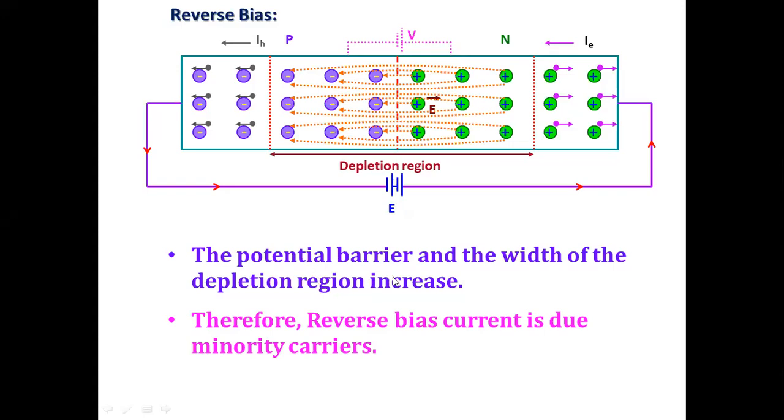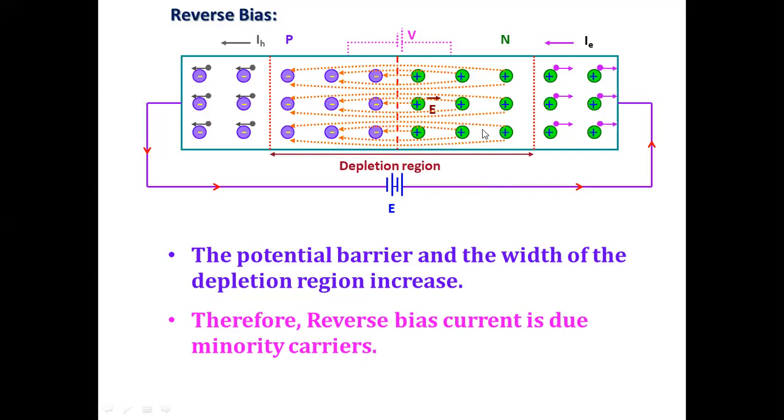The potential barrier and the width of the depletion layer increase because of this reverse supply. For that reason, we call this a reverse bias PN junction diode. If the reverse supply is increased, then the potential barrier will also expand. It will increase the width of the depletion layer region or barrier potential.